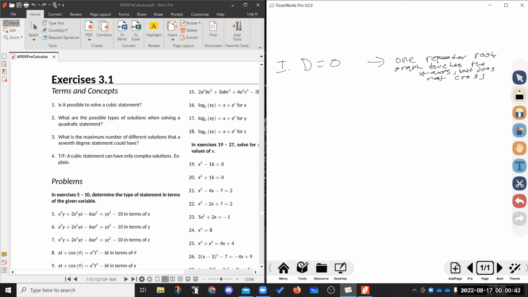Case 2, if D is a perfect square, then I'm going to get 2 rational roots that could be found by factoring.